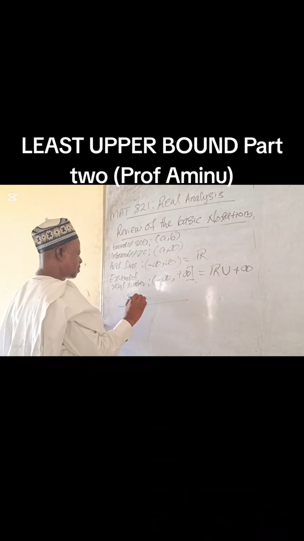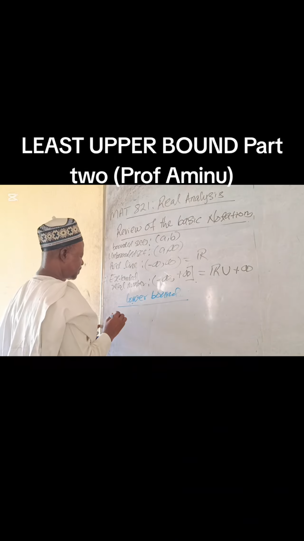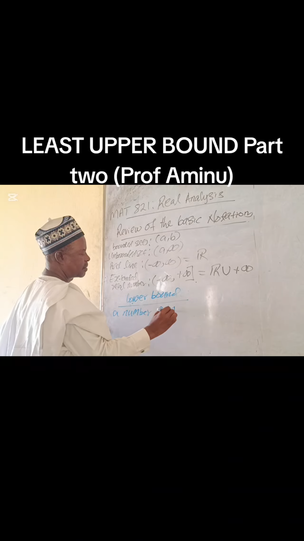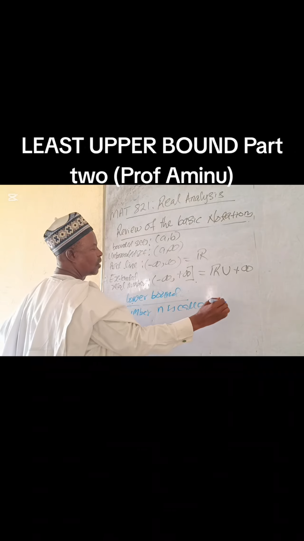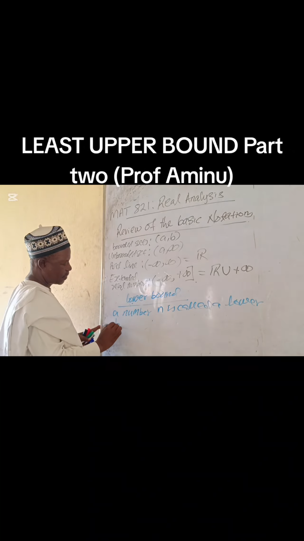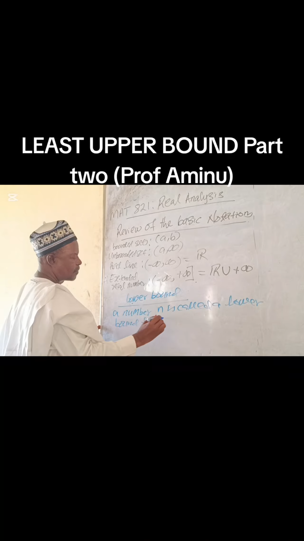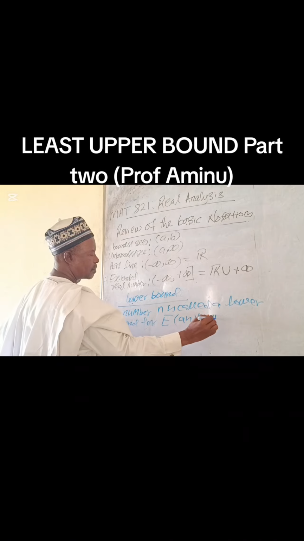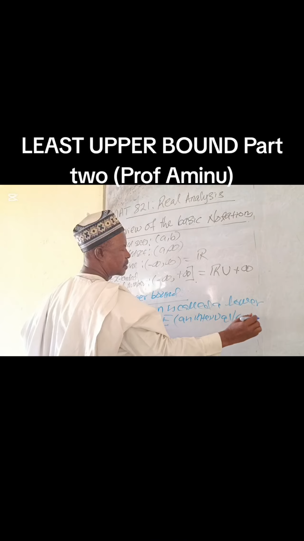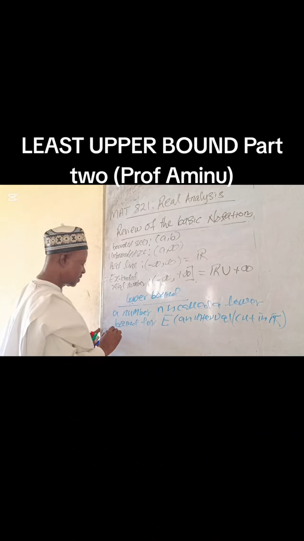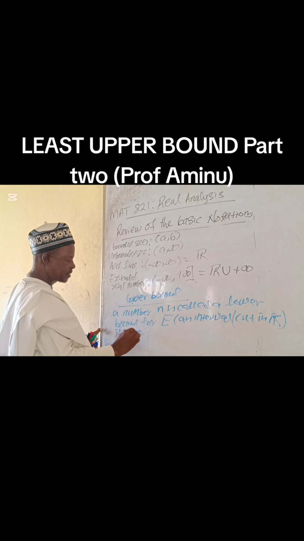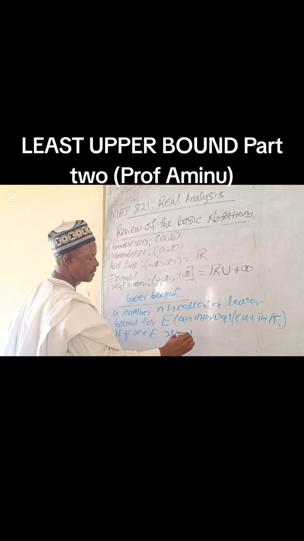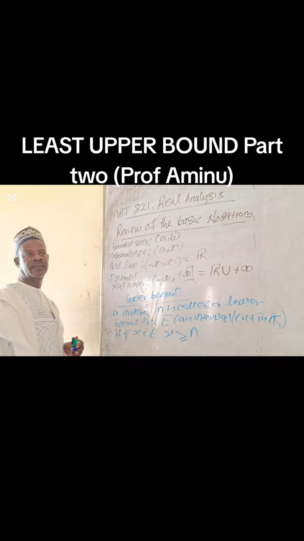So, a number, maybe n, is called a lower bound for E, where E is an interval or a cut in R, if for any x you take in this E, that x is greater than or equal to n.